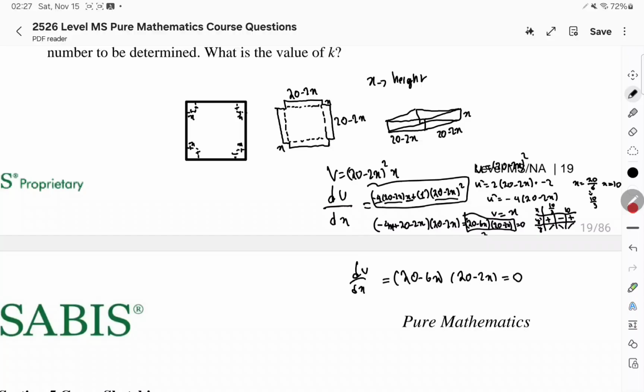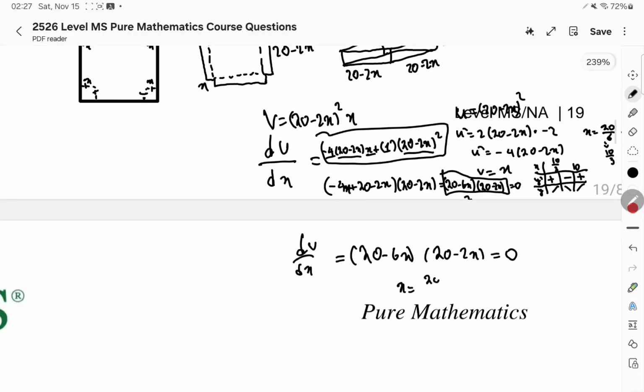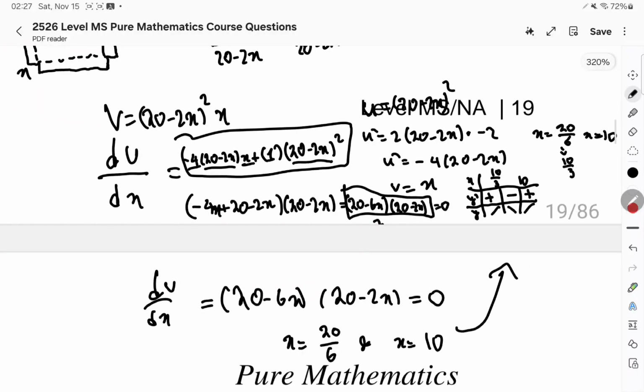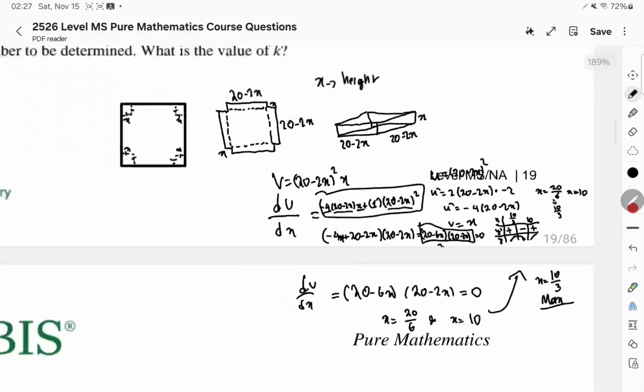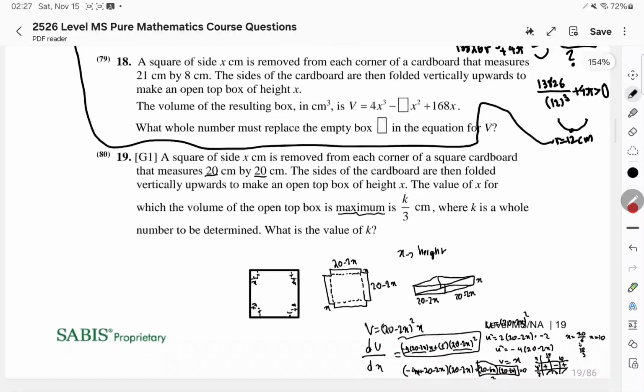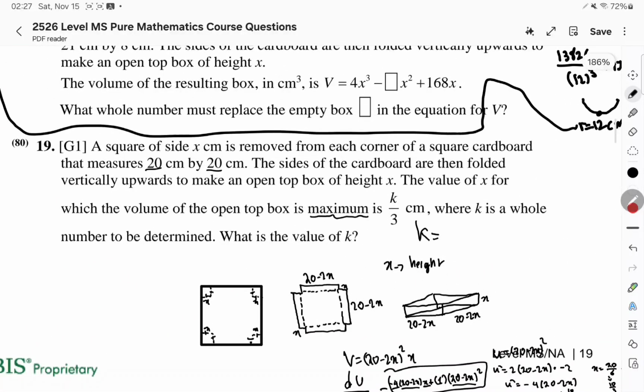When they equal 0, x is 20 over 6, and x equals 10. I put it in the table of variation, and I figured out that x equals 10 over 3 is the maximum. So k over here is equal to 10, because it was initially 10 over 3.